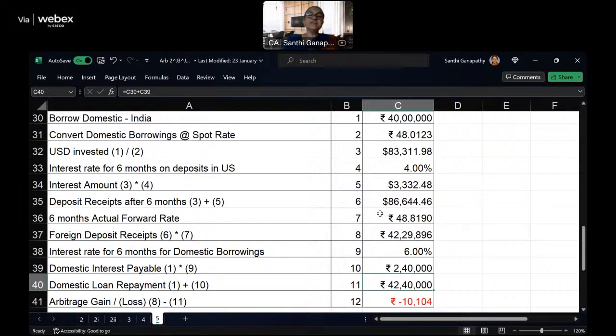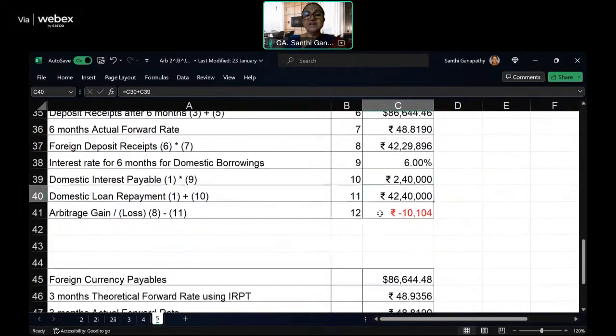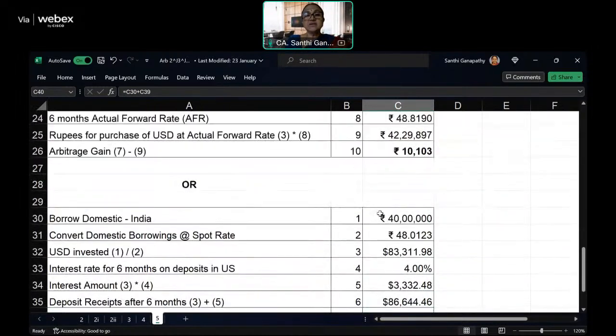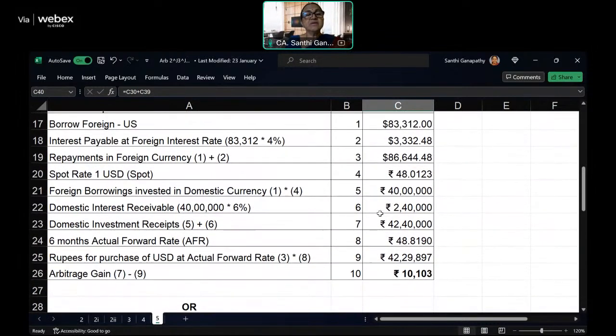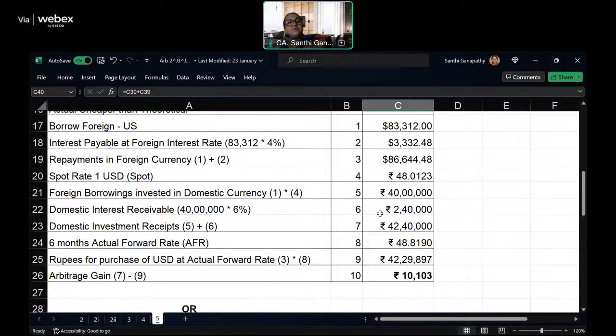Now, since this is not working out, we can look at the other one. What did they say? You borrow 83,312. How much interest you have to pay? So what will be the repayment in foreign currency? Convert your foreign borrowing into domestic currency. Invest here.